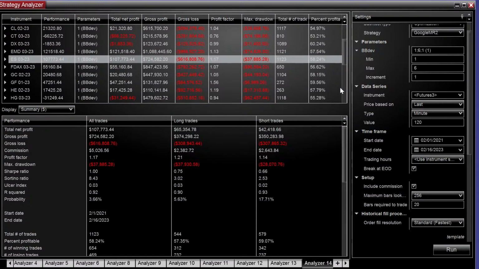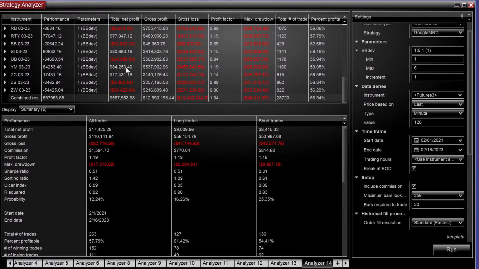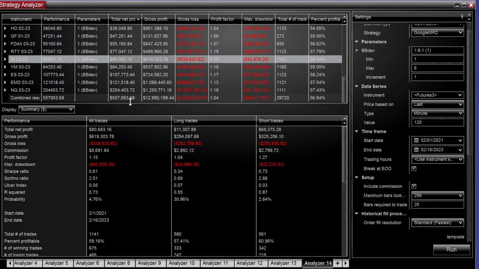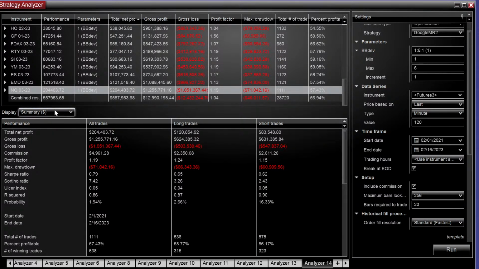Let's see. Top performer is NQ, so it's the indexes, and randomly we got silver. Check out the NQ.